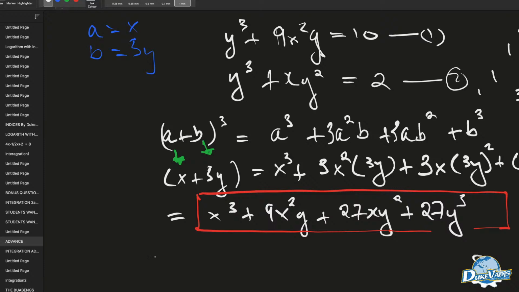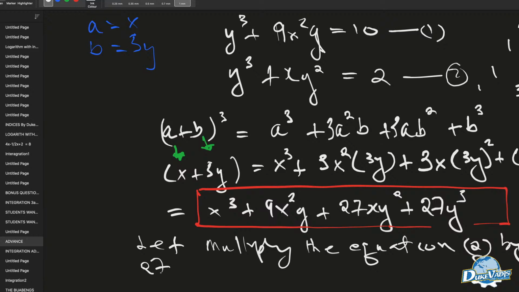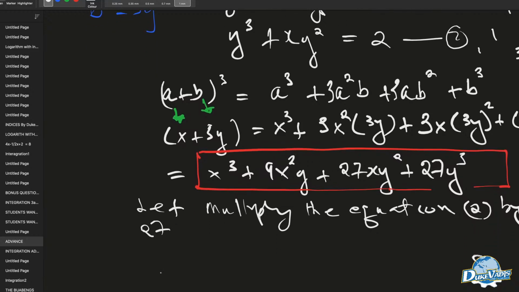Okay, let's multiply equation 2 by 27 to complete the cube.